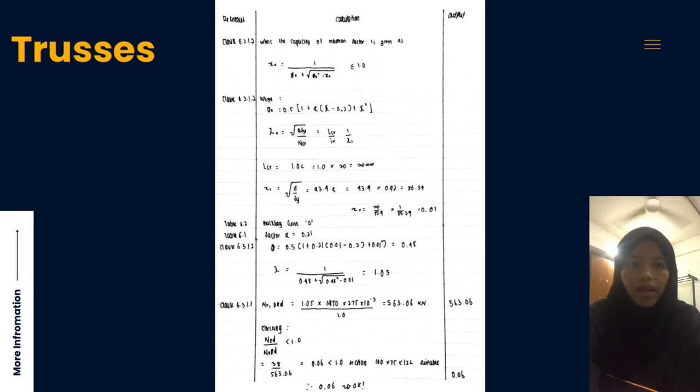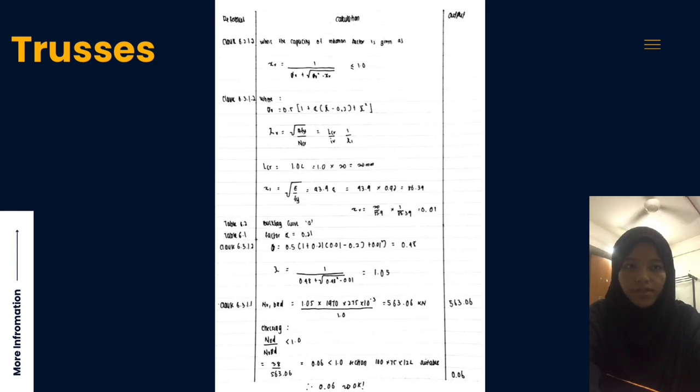And then from clause 6.3.1.2, where phi V equals 0.5 times 1 plus alpha times lambda V minus 0.2 plus lambda V square, and then lambda V equals square root of A Fy over NCR, equal LCR over IV times 1 over lambda 1.